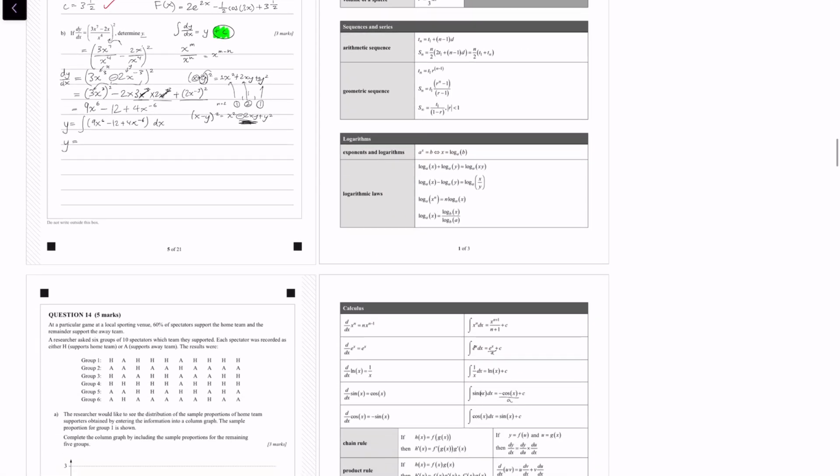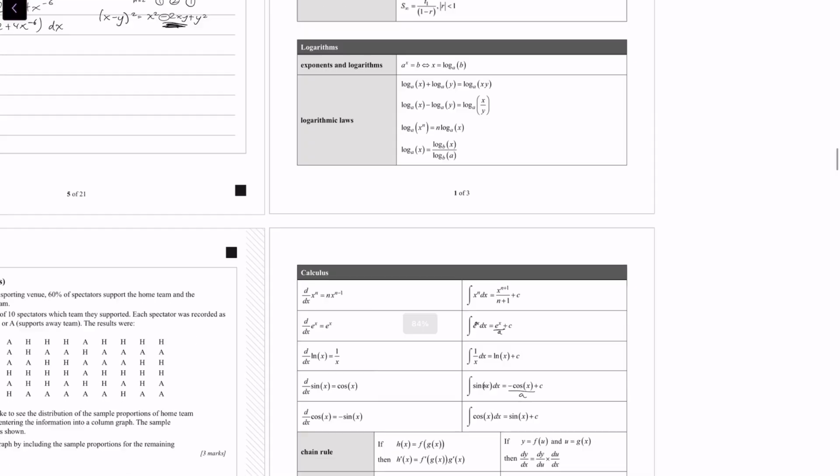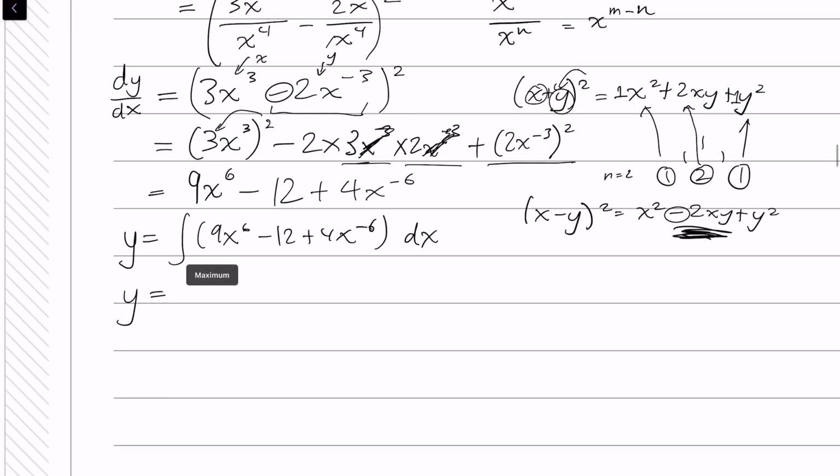It is basically adding a power to what we're integrating, and then dividing by what we've just summed, which is the n plus 1, and then the plus c. So in that case, we have x to the power of 6 plus 1, which is 7, divided by that number, 7, and then minus 12x, because integrating a constant, we just have x in front of the coefficient, and then plus 4.